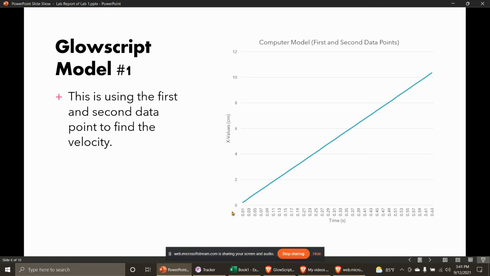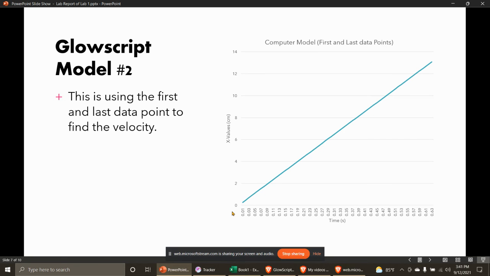So there's a large discrepancy between these two models, and that's why I created a second model in this lab, which is this one, which uses the first and last points to find the final velocity.